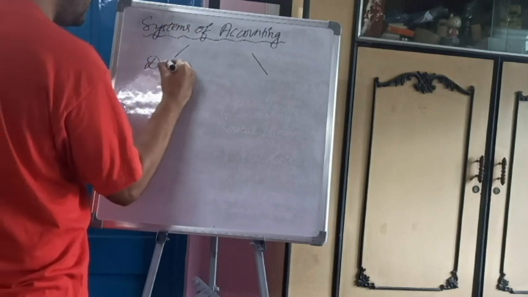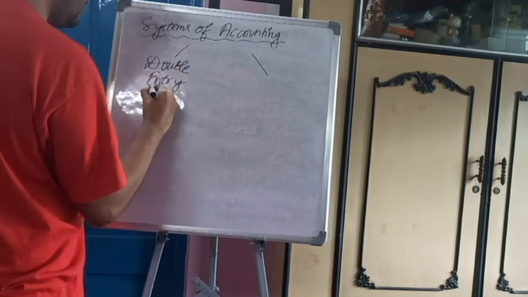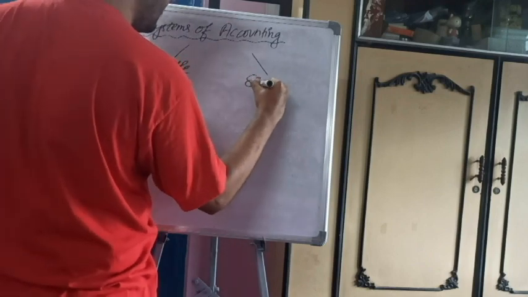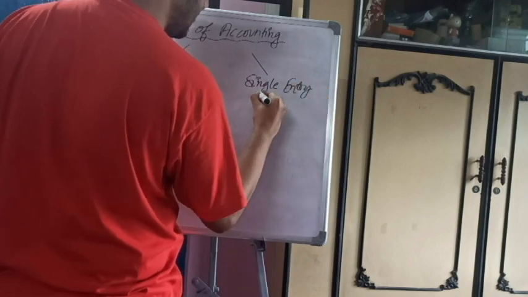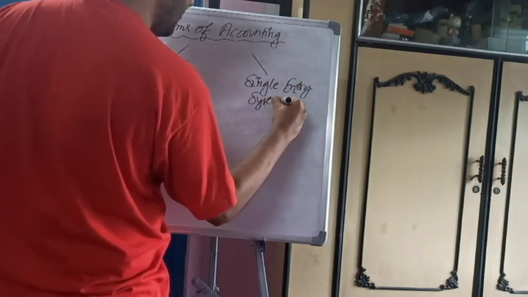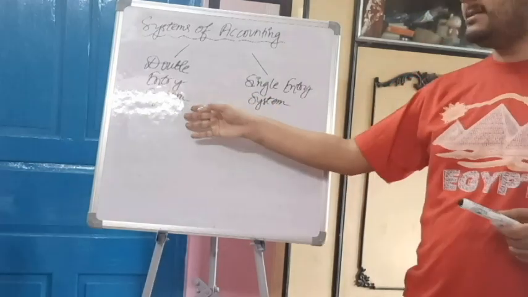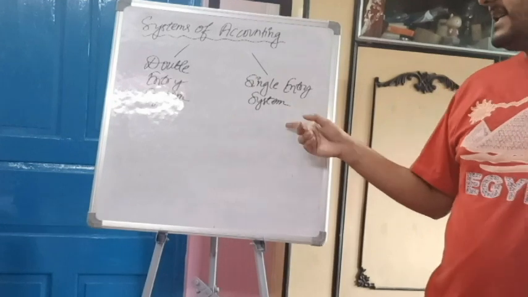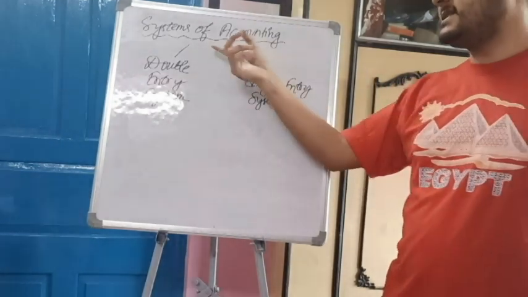One is double entry system and another is single entry system. What is the main difference? In double entry, one is incoming, one is outgoing. But in single entry system, it is just a one-way path. That is single entry system. These are the systems of accounting.